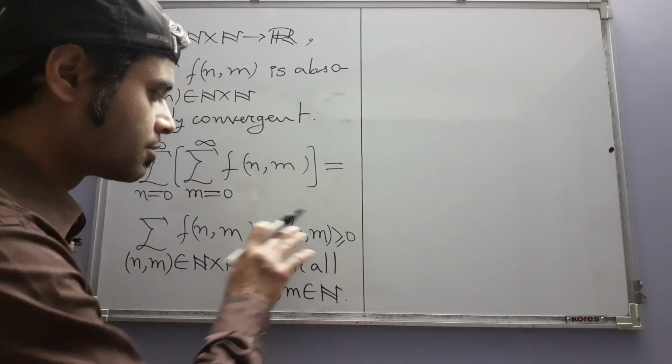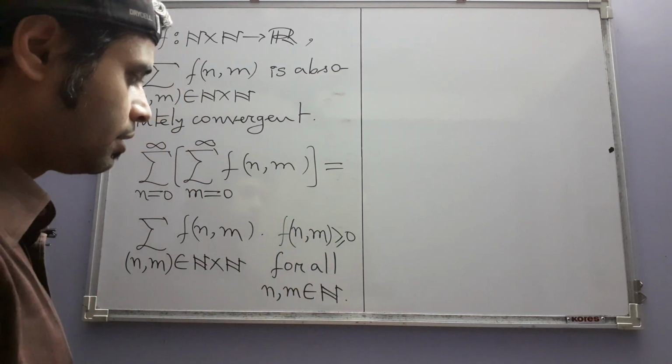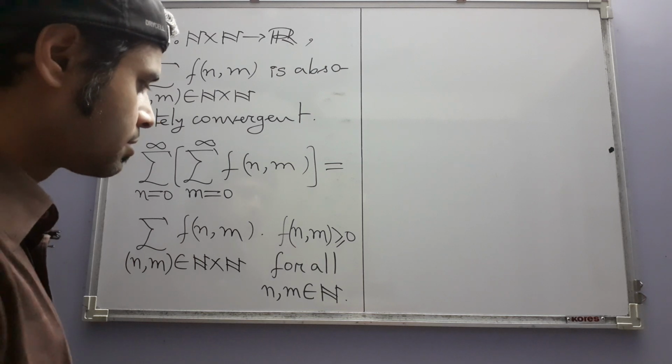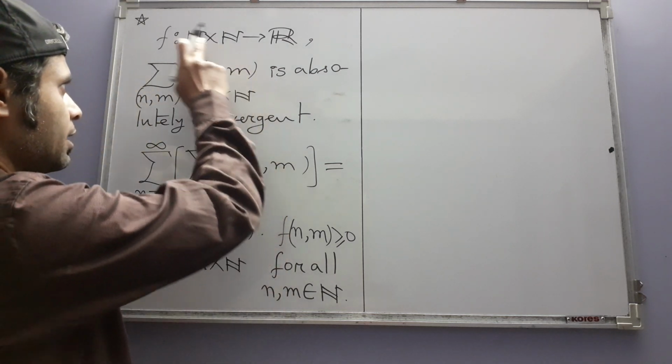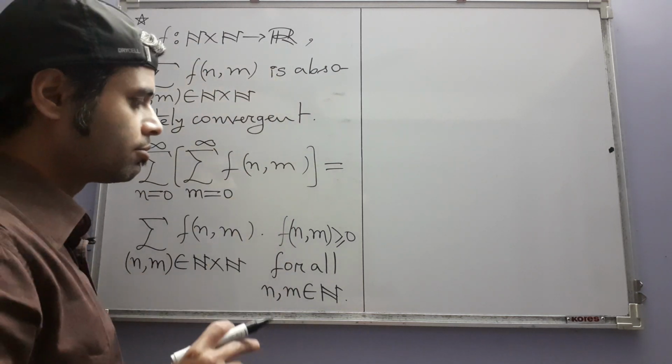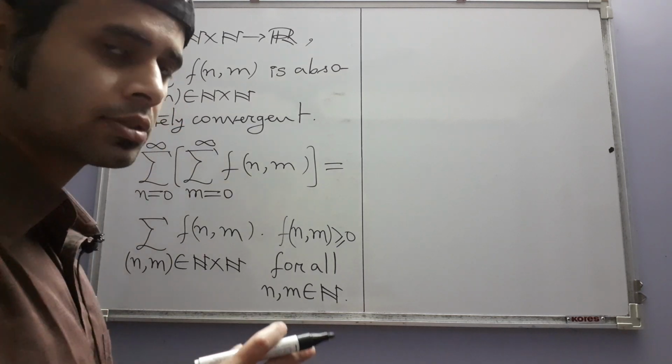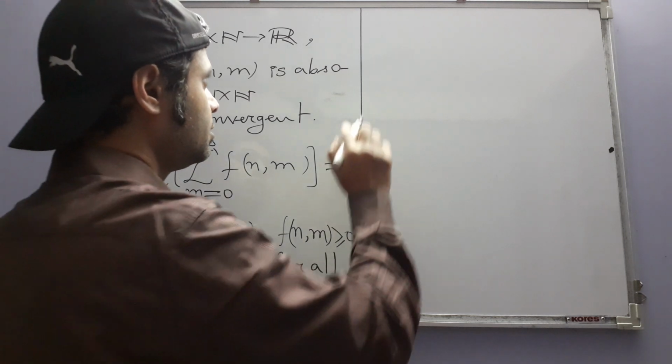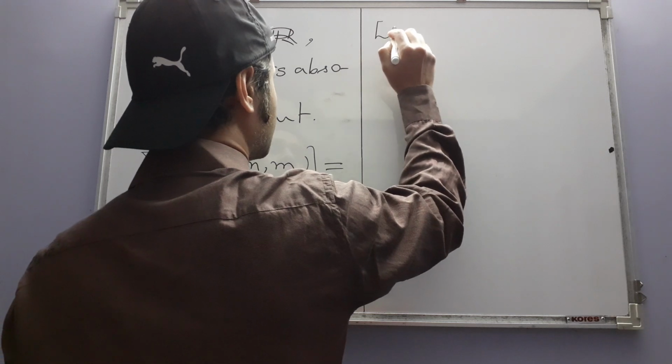We are under this restriction now, and in this case, because it's already given that this sum is absolutely convergent, it will converge to some real number, and we have named that real number L.